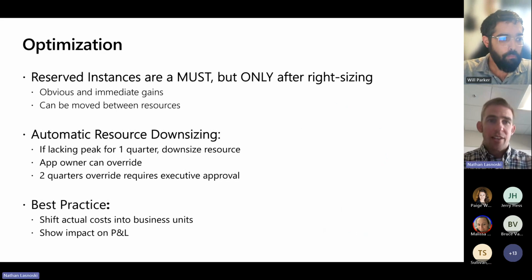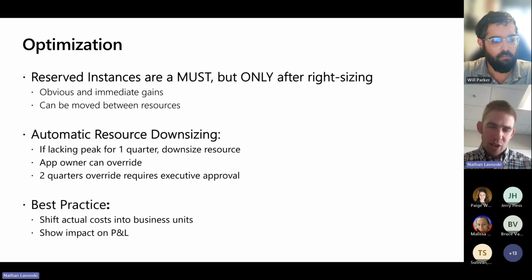So building on that is this idea of optimization, which is applying reserved instances, applying automatic downsizing, and essentially shifting your costs associated with any of these resources to the actual business unit that is spending that cost.